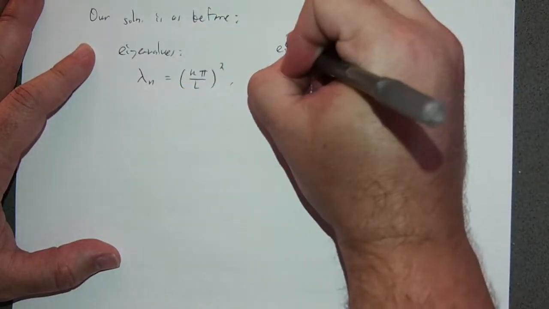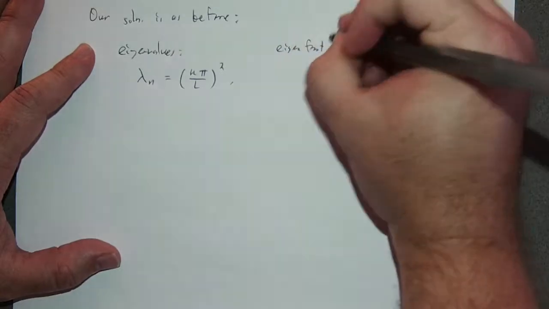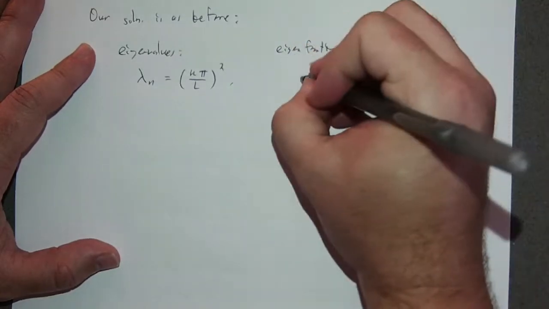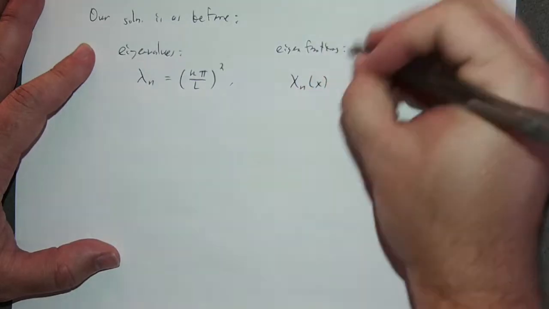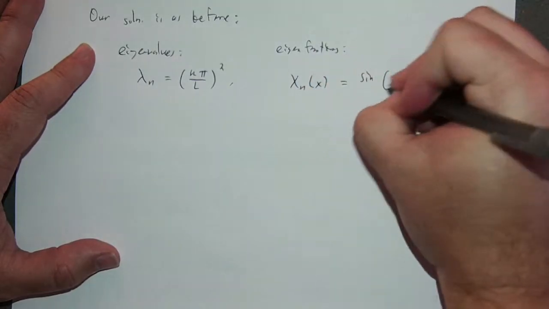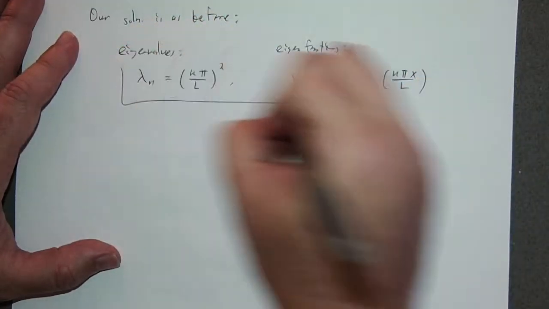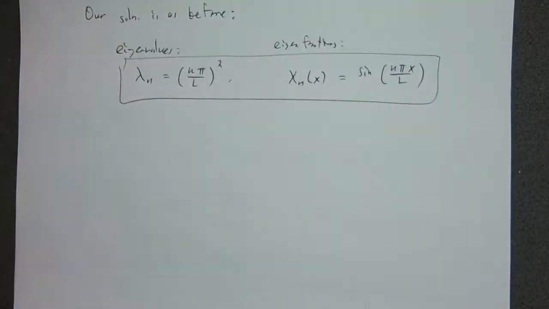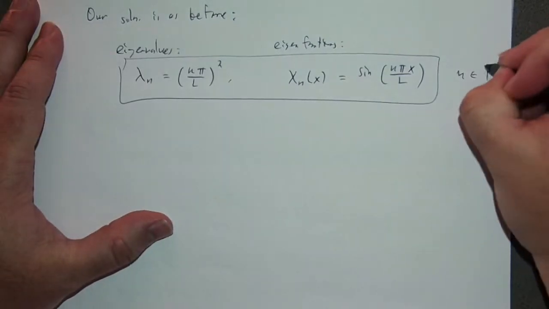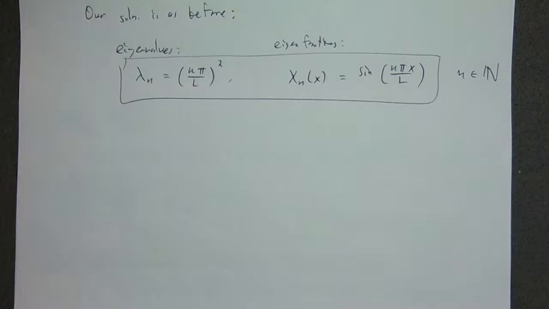My eigenfunctions x sub n of x is sine of n pi x over L, with n a natural number. So n is 1, 2, 3, and so on.